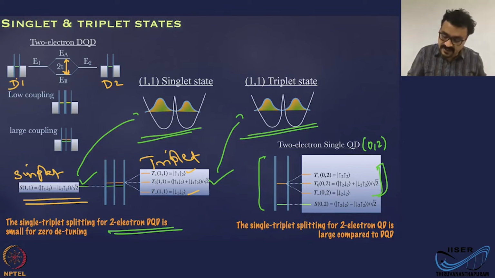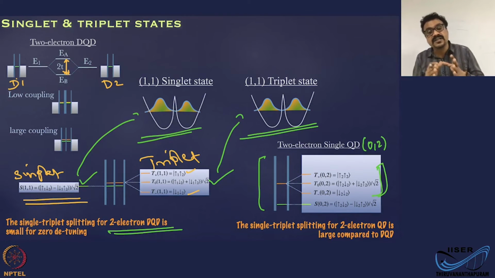The singlet triplet spacing is really large for a single dot because the triplet state is in the higher orbital state, delta E, the energy splitting. In this case, for a double dot, it's not a higher orbital state, it is the same orbital state. The only splitting that you are going to get is the splitting due to tunnel coupling.